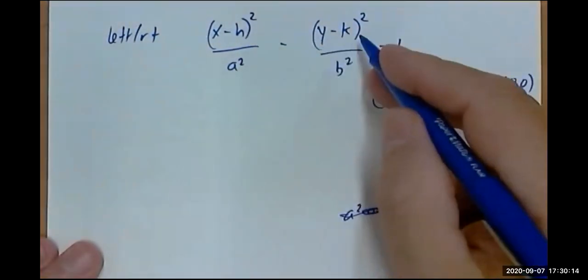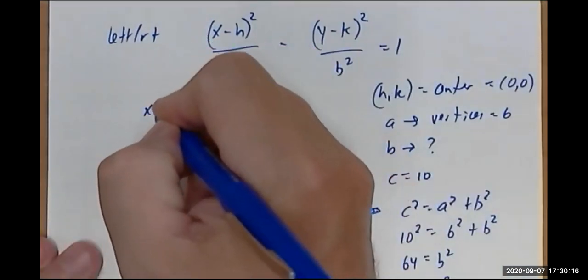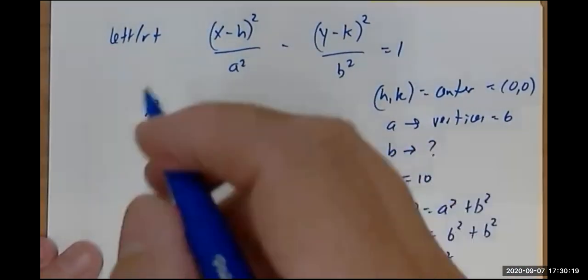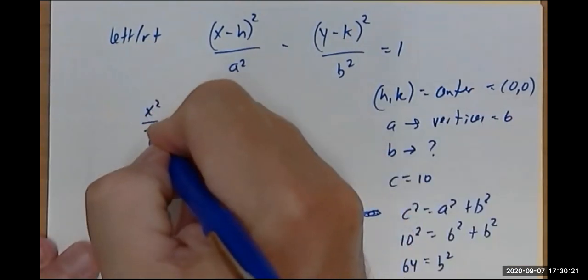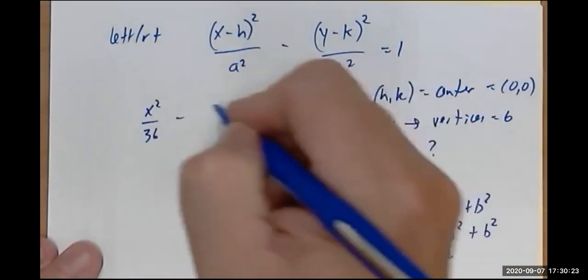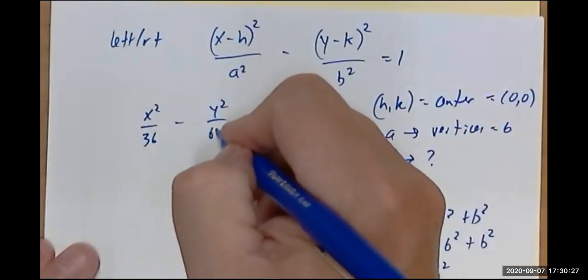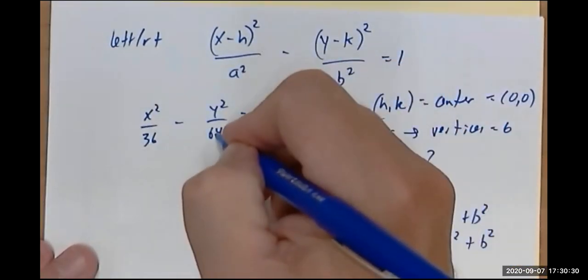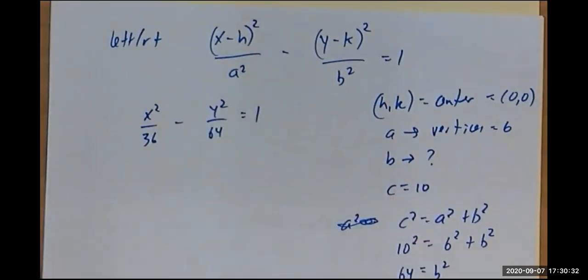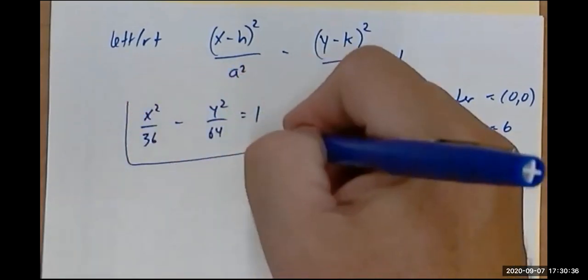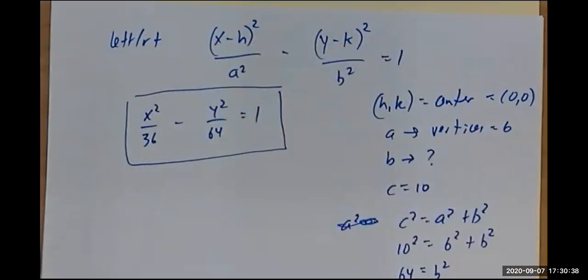I'm at the center, so there's no h and k, so it's just x squared over a squared. A is 6. X squared over 36 minus y squared over b squared. Here's an example where actually b is bigger than a, but the key is a is a positive number. That should be the equation of the hyperbola. So let's see.